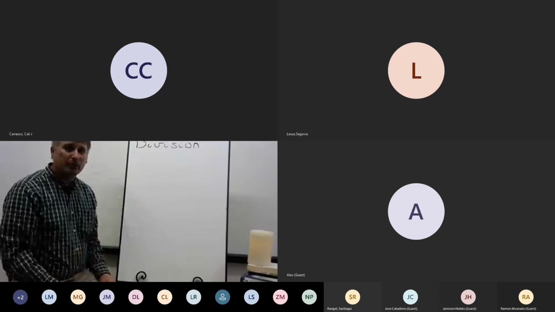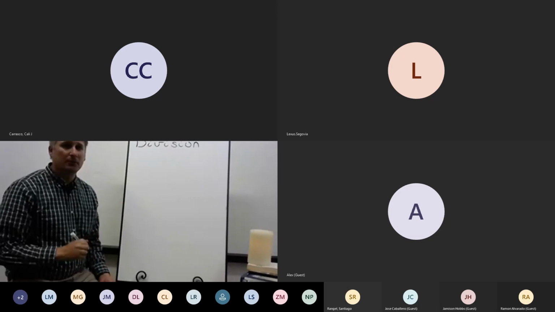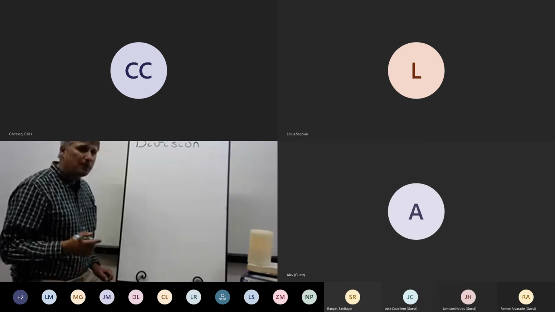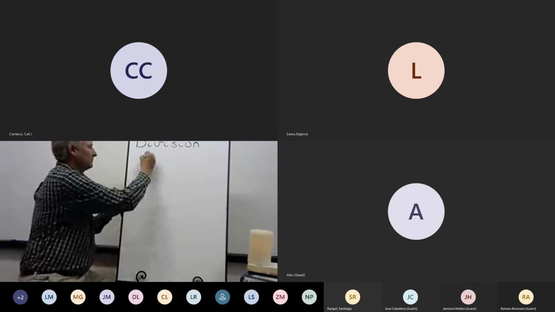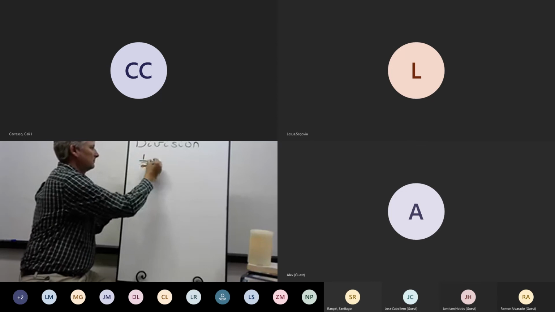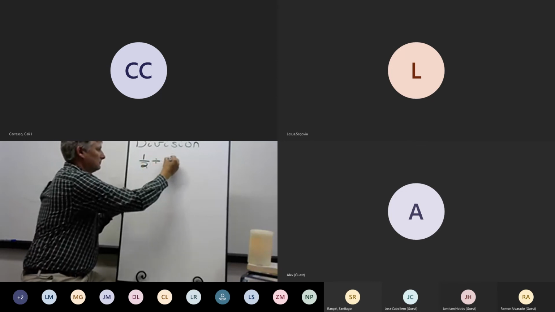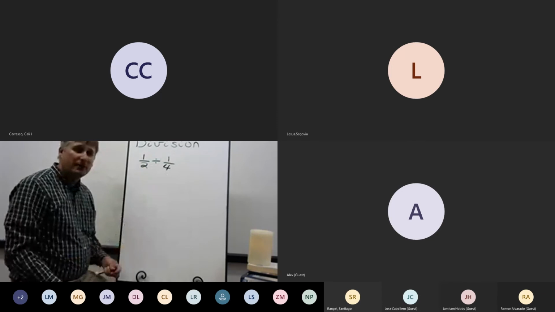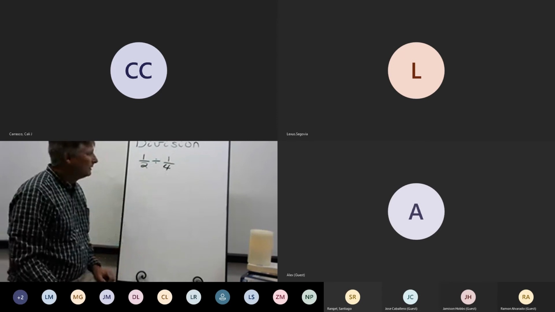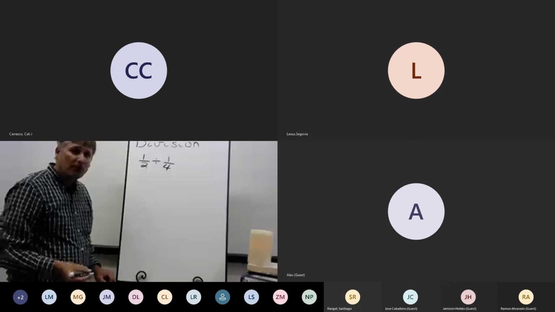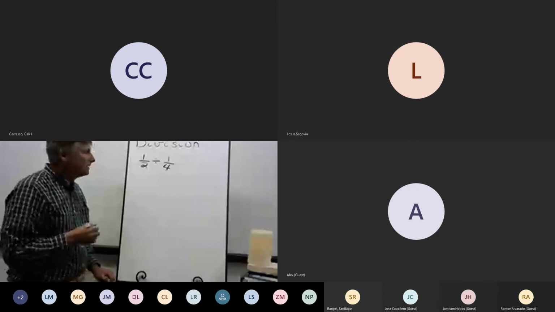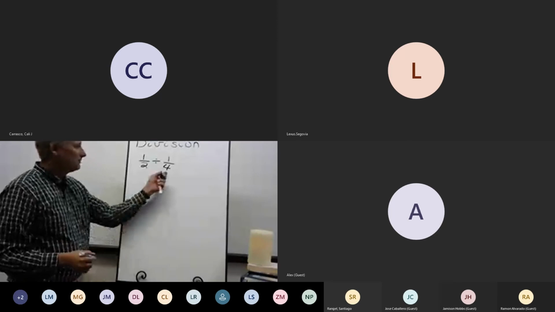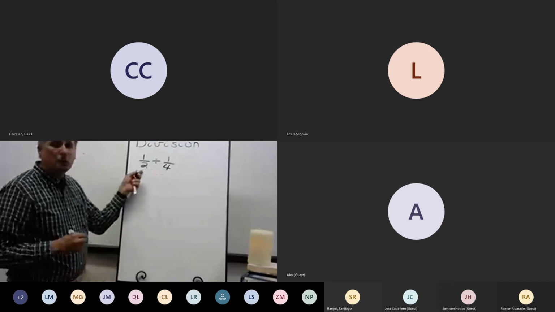Multiply numerator to numerator, and then multiply denominator to denominator. To do division, let's say we're going to answer this question. One half divided by 1/4. Now, another way of thinking about this, we could ask this question: how many times does 1/4 go into 1/2?